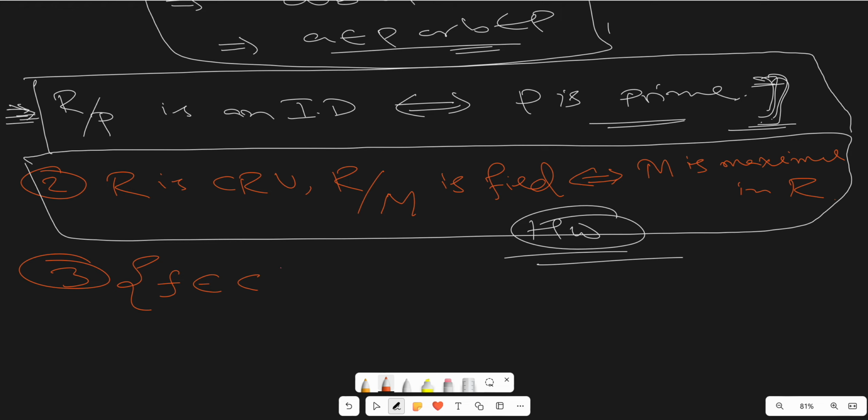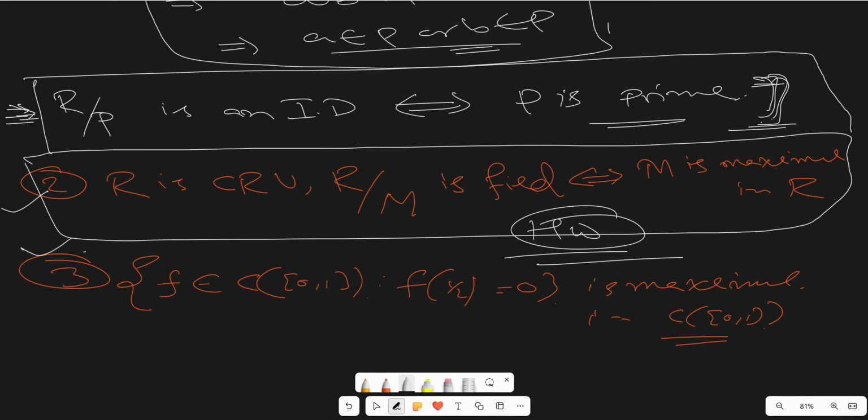If C[0,1], this is a structure actually, the set of all continuous functions from [0,1] to R, such that f of half is 0, is maximal in C[0,1]. Check this two as homework. Okay, I'm giving you as homework.